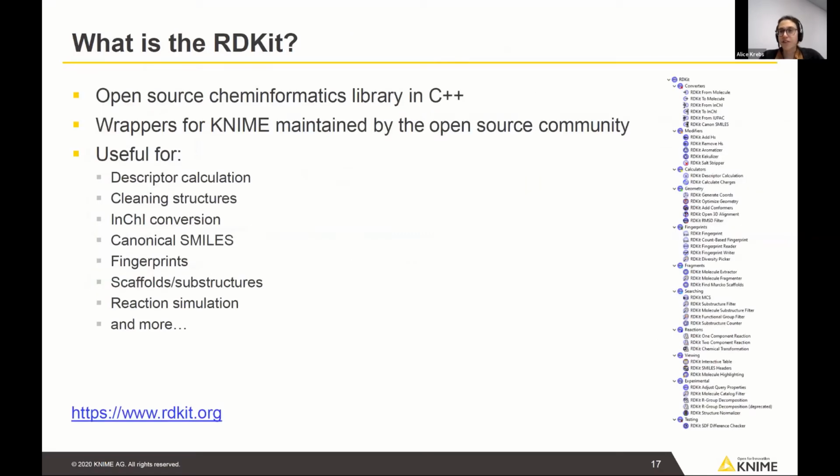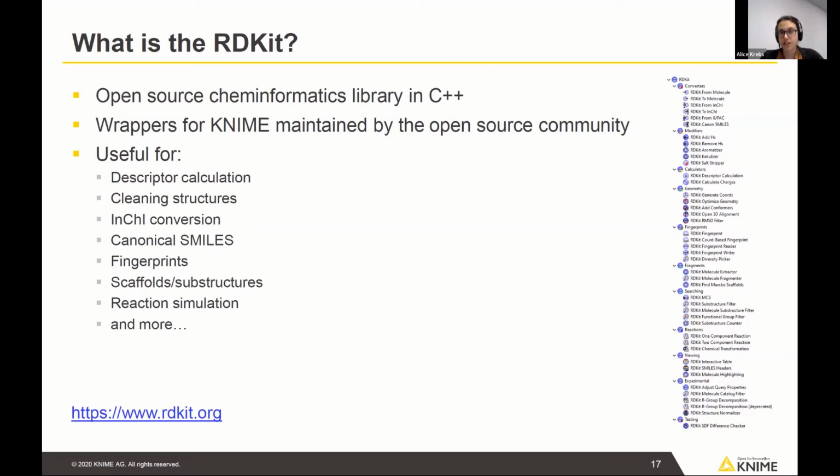And one of our beloved extensions that we mostly use here at KNIME is, of course, the RDKit. So what is the RDKit? That's an open source Cheminformatics library that has been written in C++. And there are wrappers in KNIME, which are maintained by the open source community.